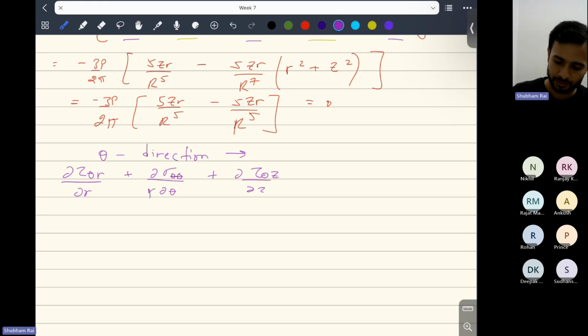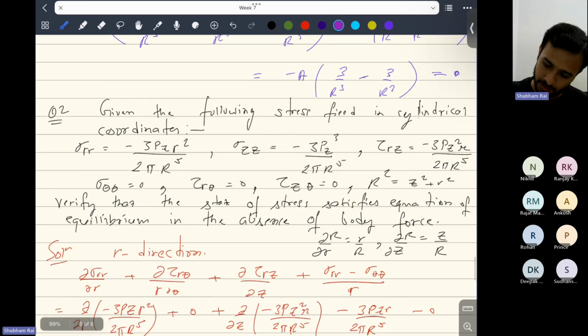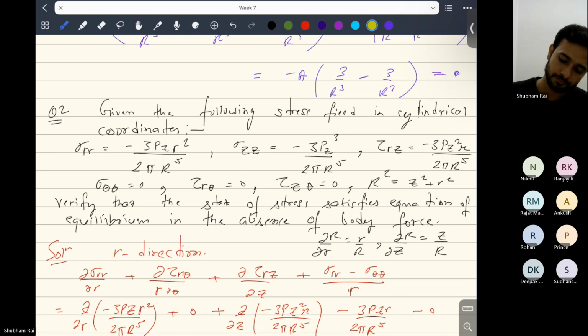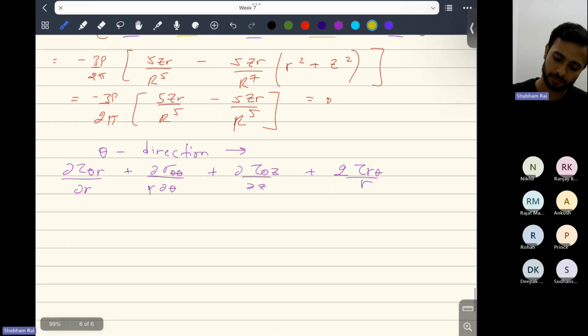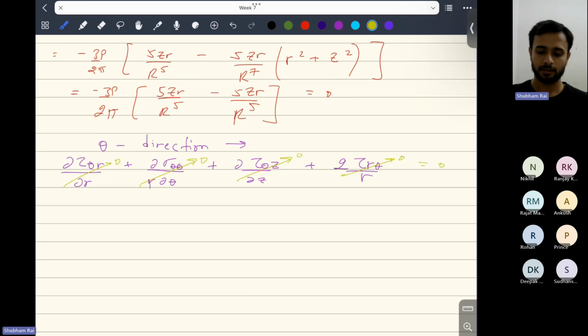Then you have one extra term, which is twice of tau r theta over r. So if you see, all the theta terms are zero. This term will be zero, this term will also be zero, tau z theta is zero, and tau r theta is also zero. So this is automatically satisfied.